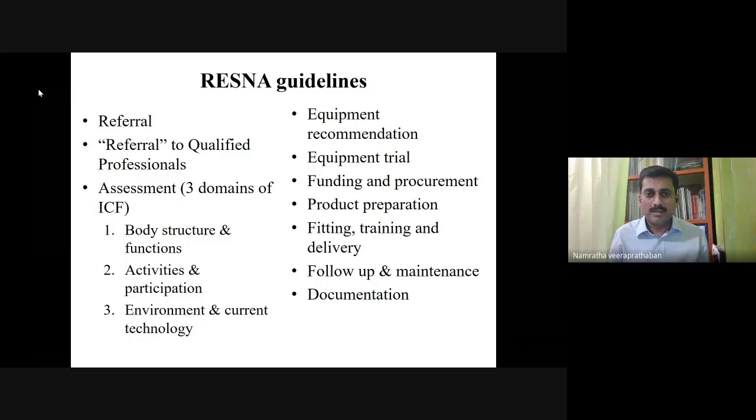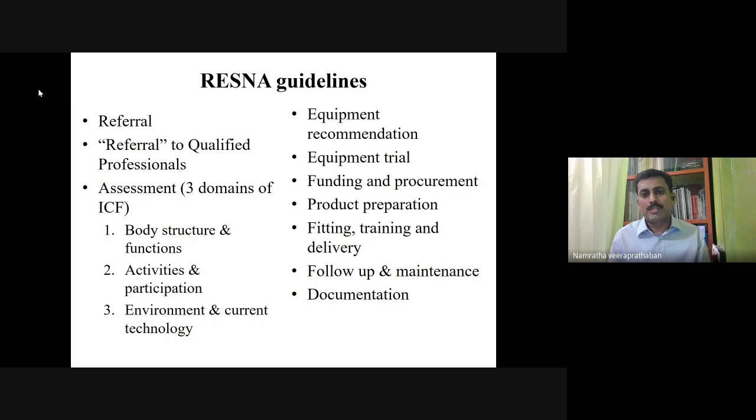We have seen our guidelines and the WHO guidelines. Now we'll go to the RESNA guidelines for the seating and mobility process. They also start with referral, and the referral moves to qualified professionals like OTs, who do the assessment. In RESNA, the assessment is based on 3 domains of the ICF, the International Classification of Functioning: body structure and functions, activities and participation, and environment and current technology.